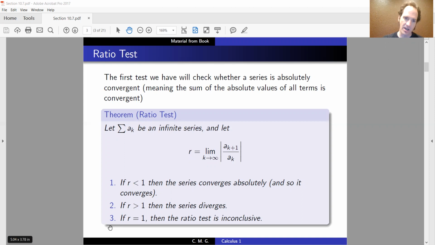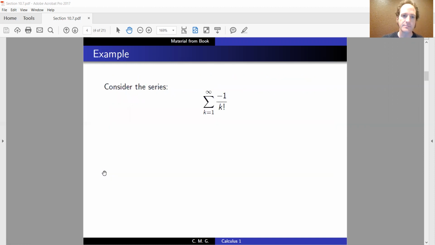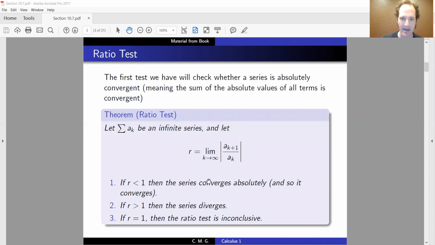So let's check it out a little bit. For example, the series that we had before: negative 1 over k factorial, and I want to figure out whether this converges or not. So I want to apply the ratio test that I just had. I look back at the ratio test and I say, okay, I need to take the k plus 1 term and divide by the k term.